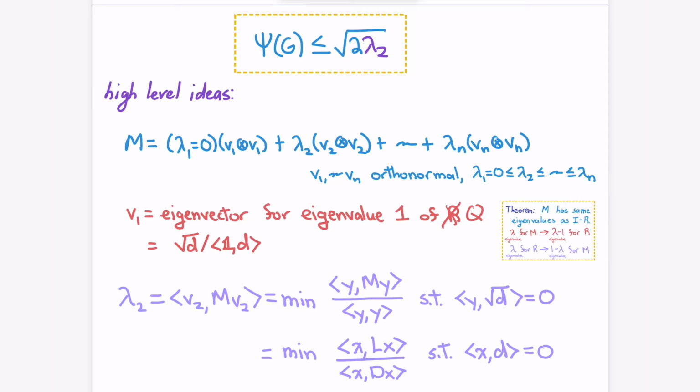And if we undo that, y is equal to the square root of D times x, that's the same as saying I'm going to find x that minimizes x^T L x over x^T D x, subject to this weighted sum being equal to 0. All right, so that's the high level idea.